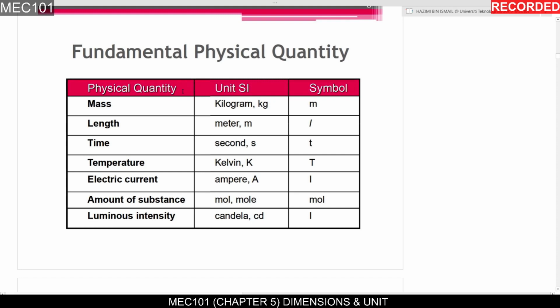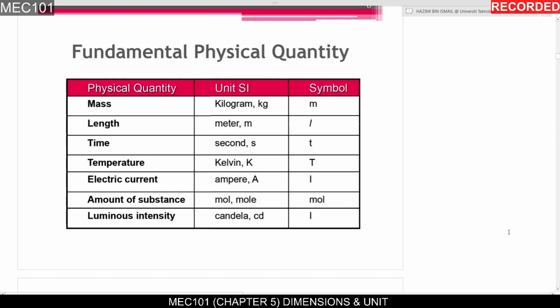I learned it in my school in Form 4. So: mass, length, time, temperature, electric current, amount of substance, and luminous intensity. These are the only basic quantities in the SI system.